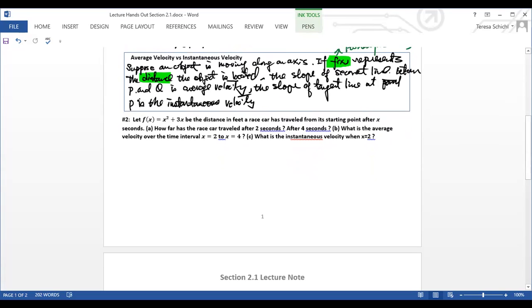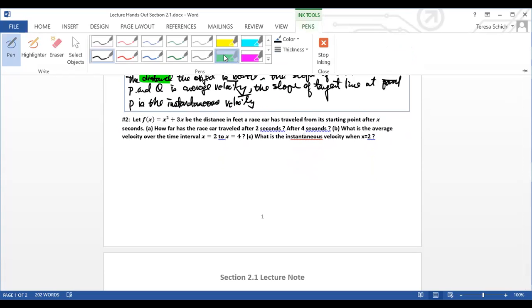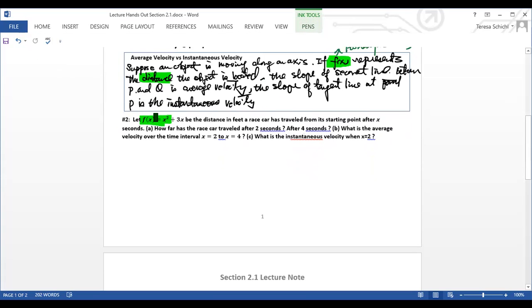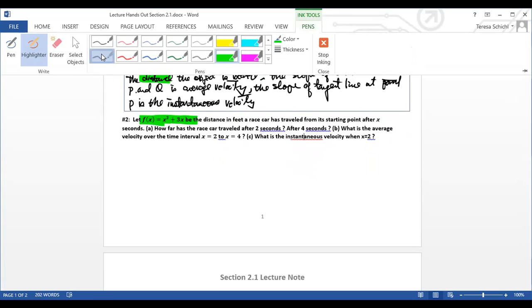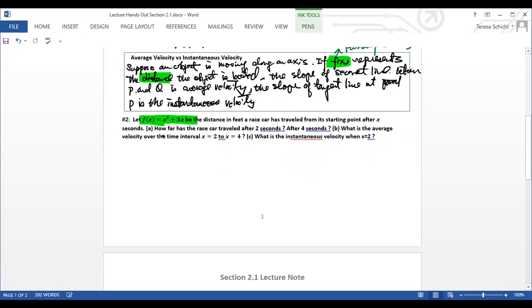See here. Okay, so now let's take a look. We know this is a position function, correct? So this is our position function. That is the distance, how far it travels here. Okay, so when x equals 2, you plug in f of 2.